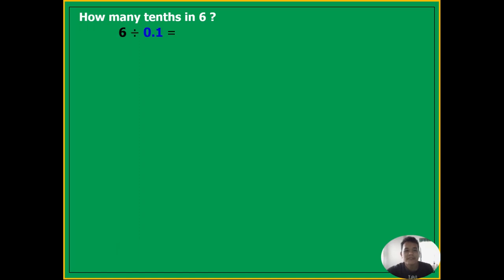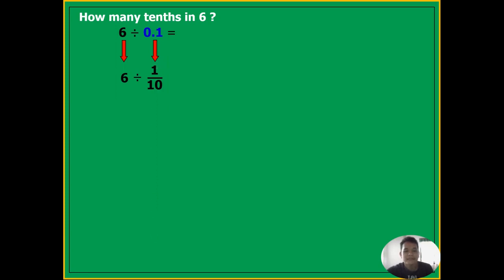So this would mean 6 divided by 1/10. We will express 1/10, which is a decimal, as a fraction. So in fraction form, that is equal to 1/10, right?